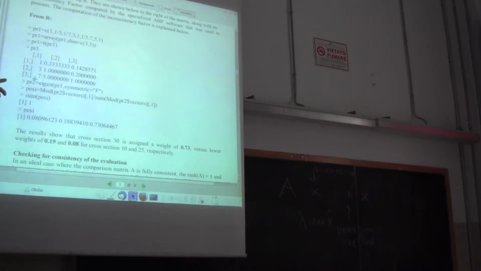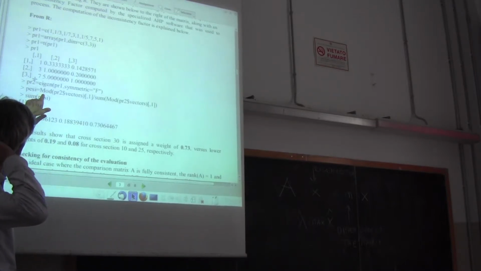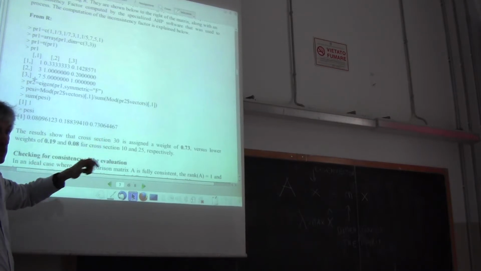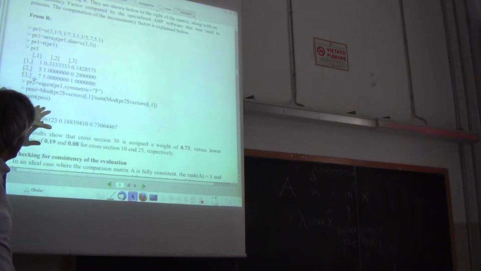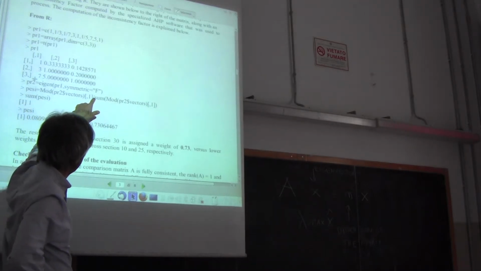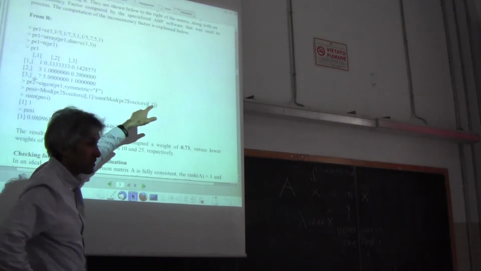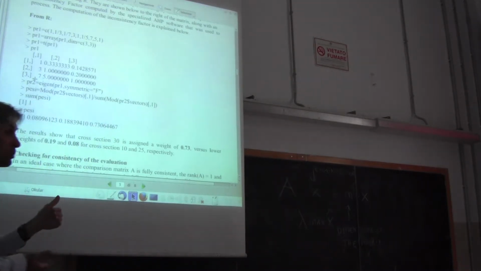Then the function to compute the eigenvalues is eigen. And we need to specify that the matrix is symmetric, or antisymmetric, it's the same story. We need to specify it anyway. And then the weights are computed in this way by using the function Mod, the modulus of these vectors. And there is this adimensionalization in order to make sure that they sum to 1.